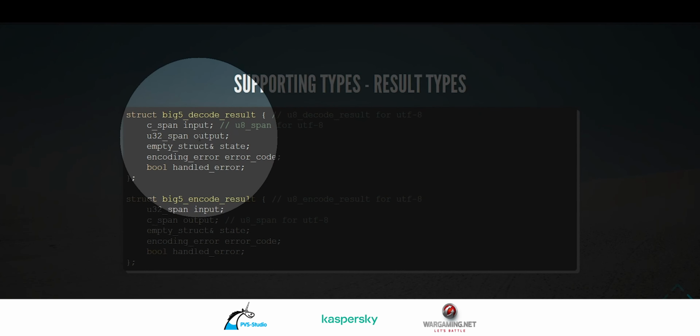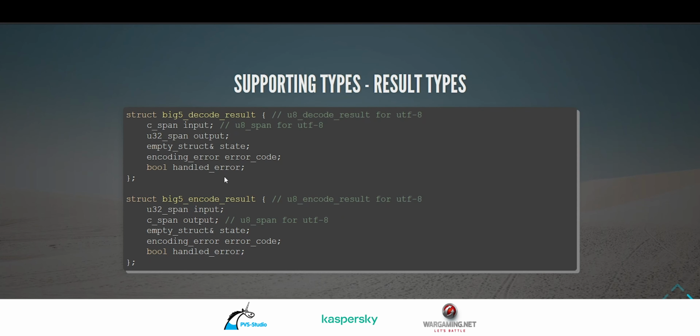So we get an input and output, and we basically get an updated state. If it reads two chars, then the input variable that we get back in this result will be moved up two chars from what we passed in. So we get an updated view of the data. Output is the same. We get an updated view of the data showing the view after what we had written.